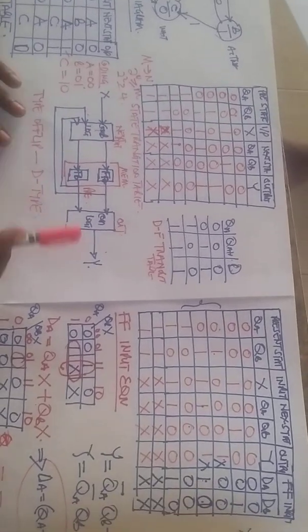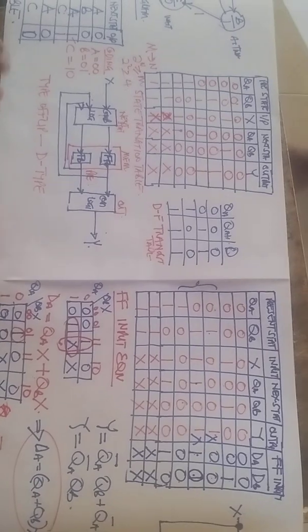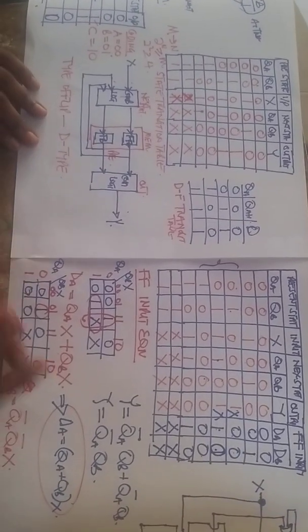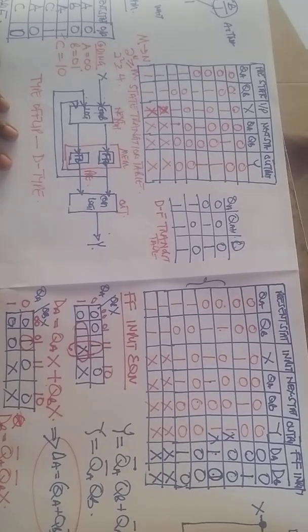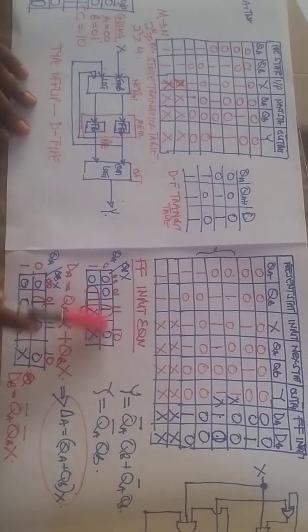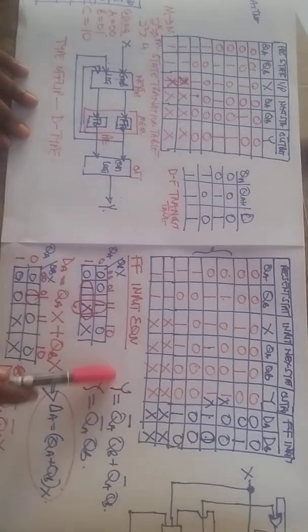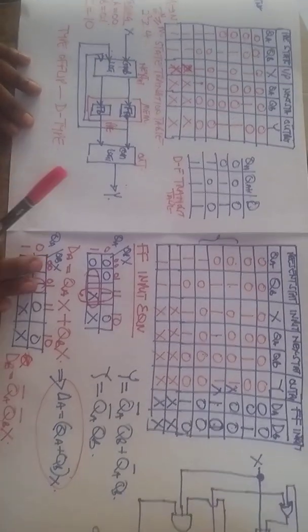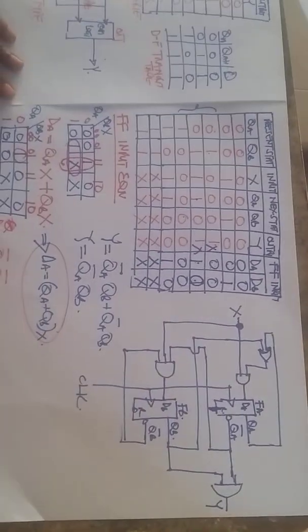Then we generated the state transition table to include the flip-flop input. We minimize using the K-map for the flip-flop input equation, and then we determine the flip-flop output equation, and finally we're able to come out with our design.